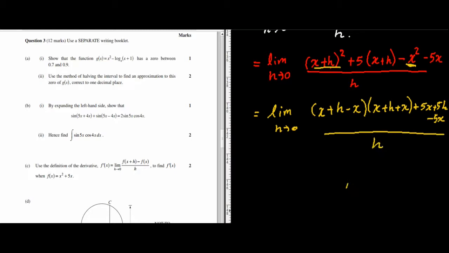Let me cancel out all the terms that I need to. The x's disappear, the 5x and the 5x disappear, and all I have is 5h up there.